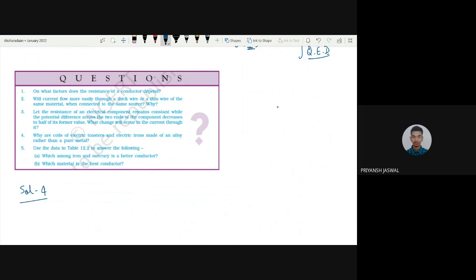So the answer is simple. The electric toasters and electric irons, what are their primary use? Their primary use is, for the toaster, to cook food or toast the bread, and iron is to iron the clothes with high temperature.